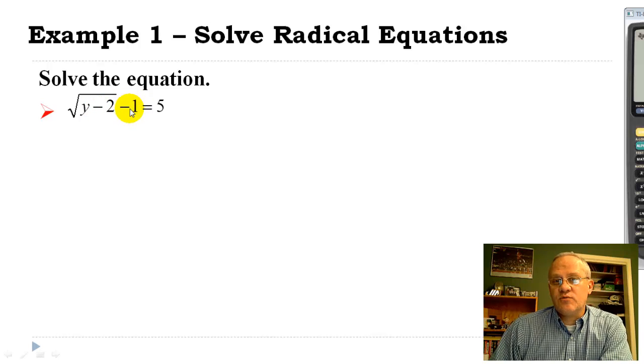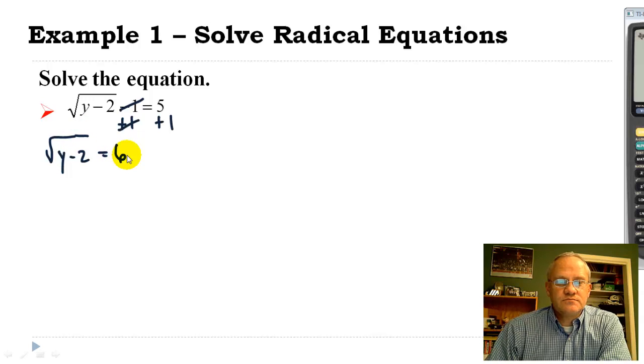To move it to the other side, if it's minus 1, we do plus 1. So those cancel. So now what we've got is the square root of y minus 2 equals 6.